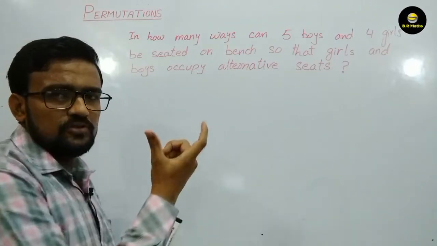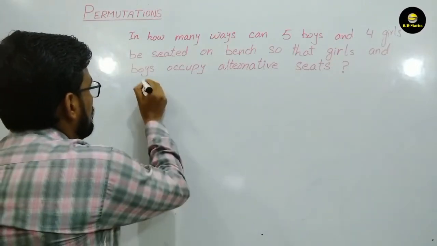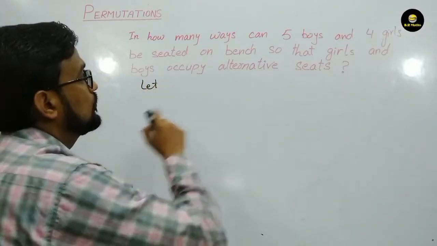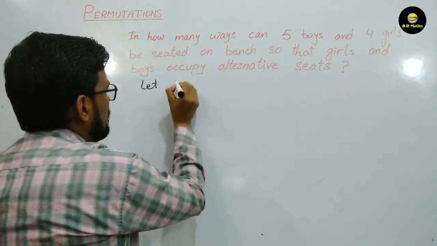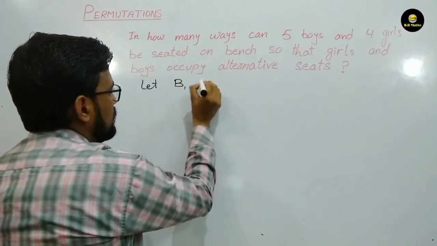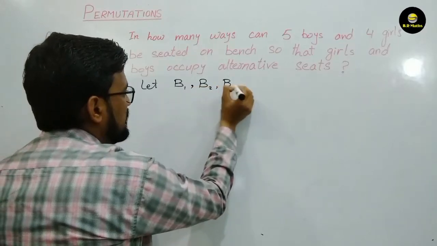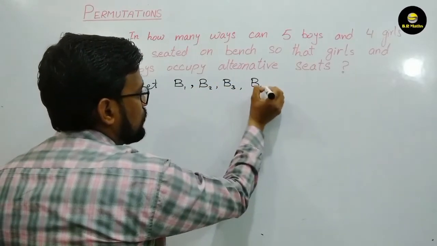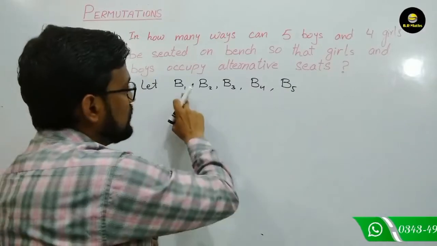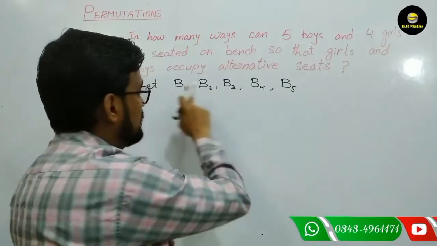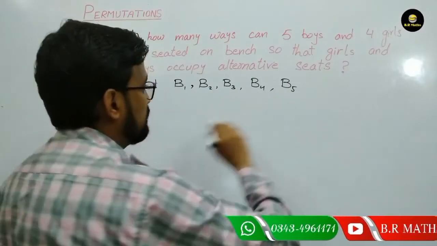So let's suppose the 5 boys are B1, B2, B3, B4 and B5. Students, these are the 5 boys.